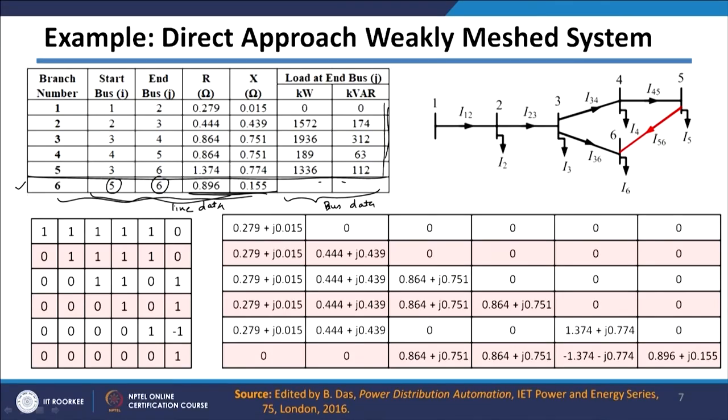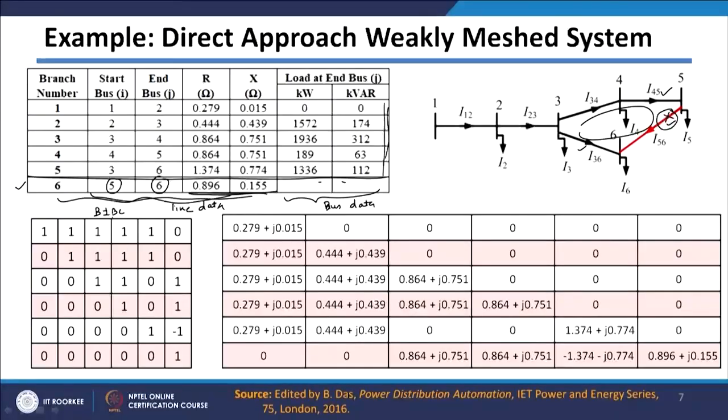As I told you, first open the loop forming branches. You can open any branch. If a loop is getting formed here, you can open this branch or this branch or this branch, any branch can be opened, and that will be considered as the loop branch. First find the BIBC and BCBV matrices for the radial system, and then modify these matrices including each of the loop forming branches.